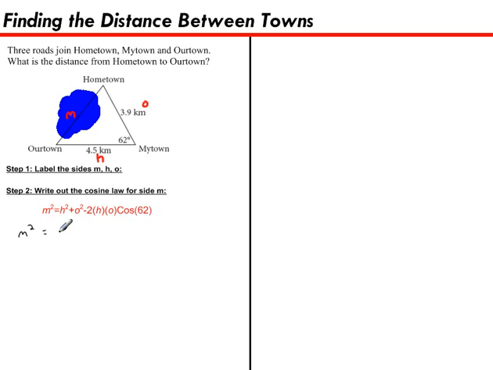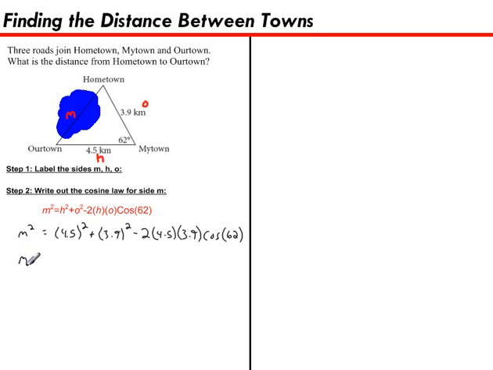However, I do know the rest. So H is given as 4.5, and that's squared, plus O, which is 3.9 squared, minus 2 times both of those side lengths. And finally, times the cos of the angle given, which is 62. And there, I've just set up my cosine law.